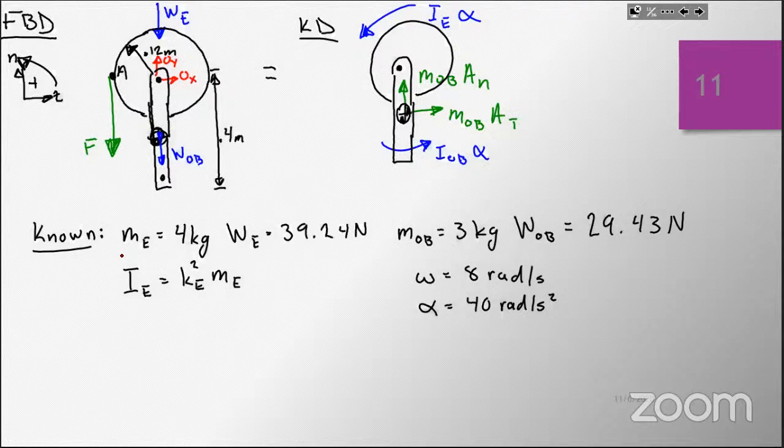This equation is pretty common. If you're given a k value, the radius of gyration, like in a homework or something, you can always use this. We can plug and chug this because we know everything that we need to know about it. And this is 0.028.